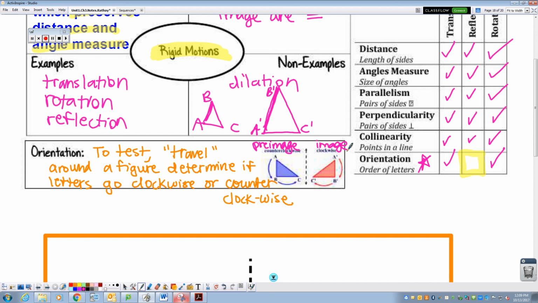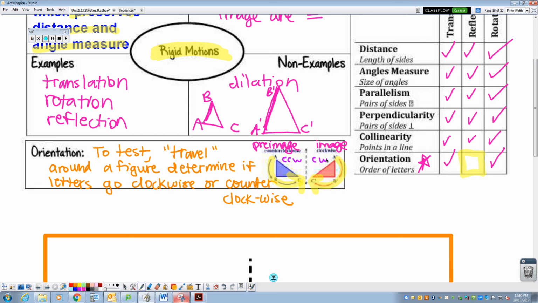And if I go around the triangle, and you can go in any order you'd like, I choose to go alphabetically. So if I travel from A to B to C, I'm moving counterclockwise to get around that shape. Then if I move over to the reflection from A prime to B prime to C prime, now I'm moving clockwise to get around that shape.